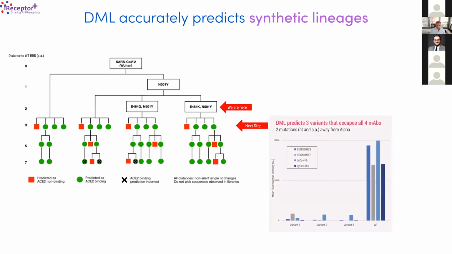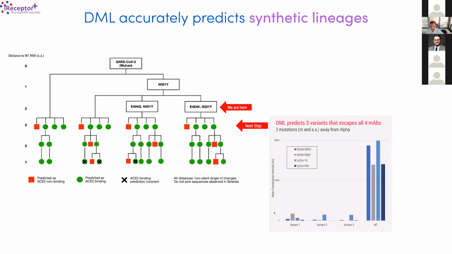Only 1 more mutation from beta, but 2 more mutations from alpha, and 3 mutations from the original SARS-CoV-2 will actually result in 3 different variants. And this is only 2 nucleotides away from alpha, but 3 different variants that would escape all 4 clinical antibodies.